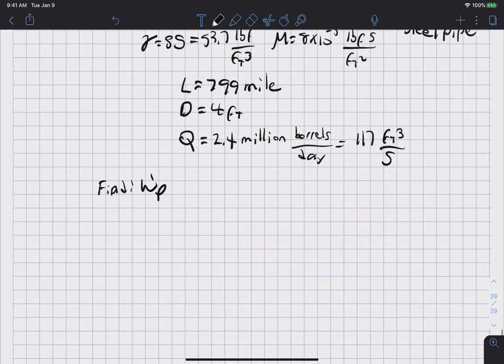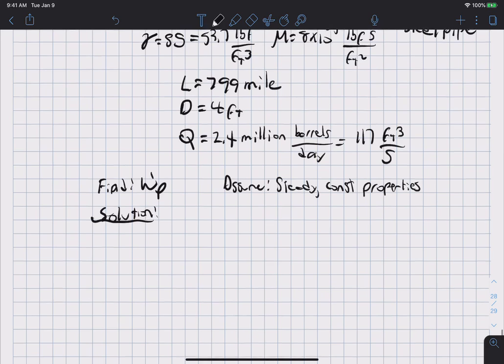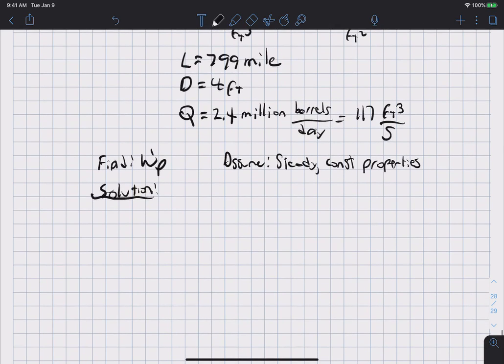Okay, and so the solution, again, we'll assume steady, constant properties, etc., etc. Okay, and so the solution is, just for completing it, you could imagine we have some sort of a reservoir in Alaska where we're pumping the oil via a pump.